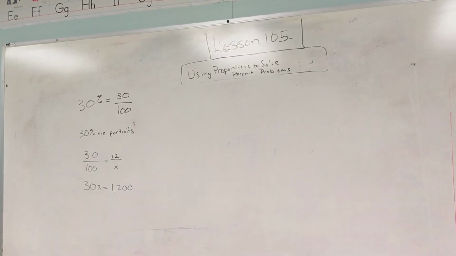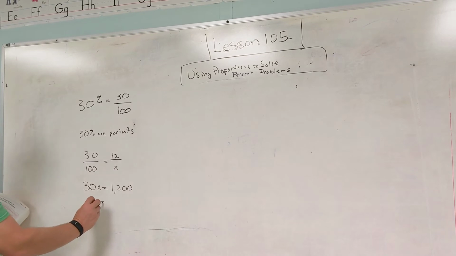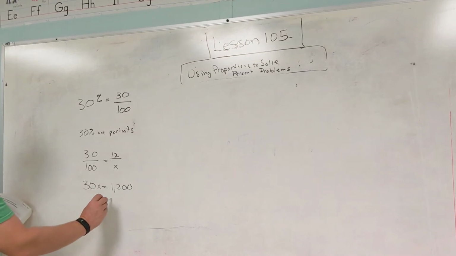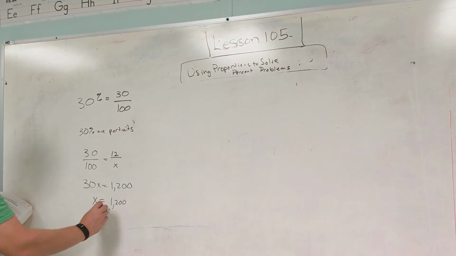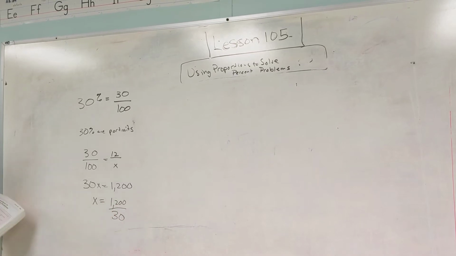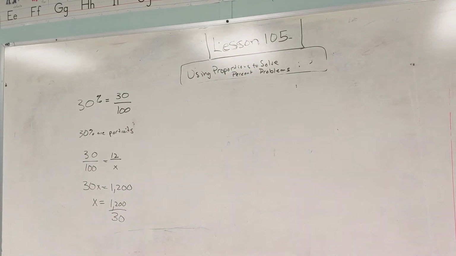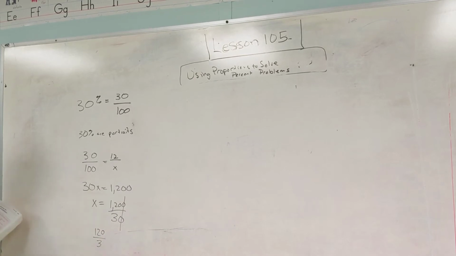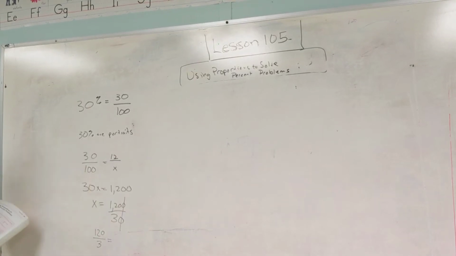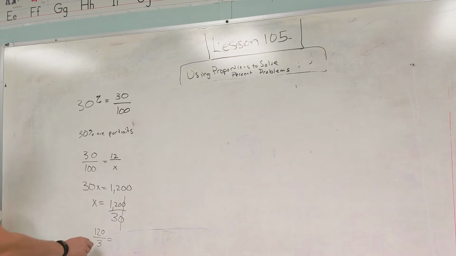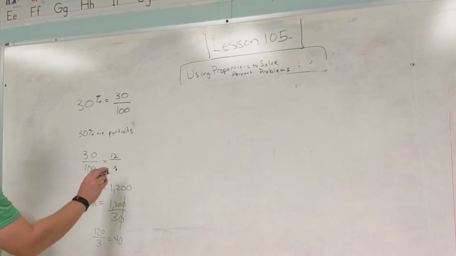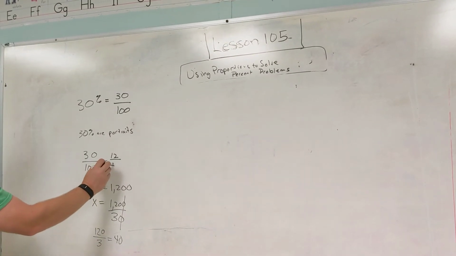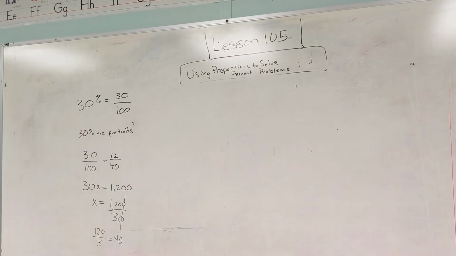So x is going to be equal to 1,200 over 30. We can take out some zeros here. We've got 120 over 3. This is x. 120 divided by 3 is going to be 40. So we know that our total paintings was going to be 40.